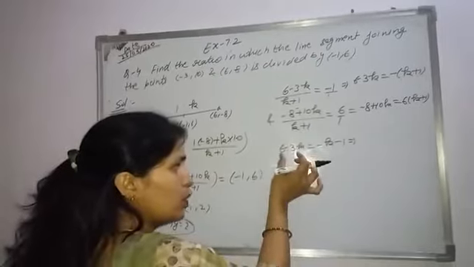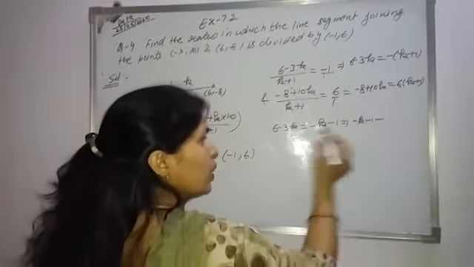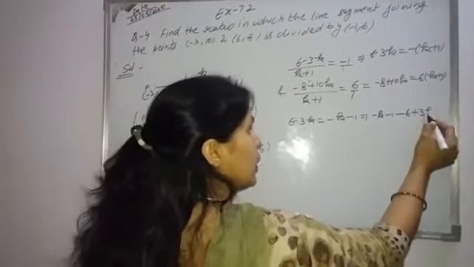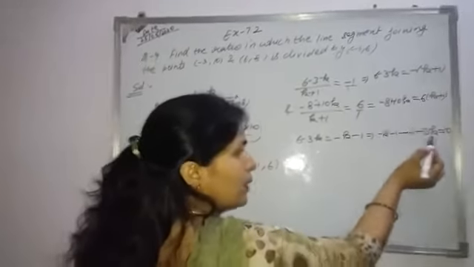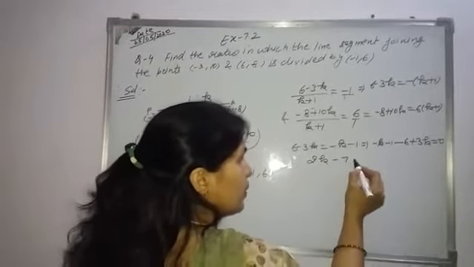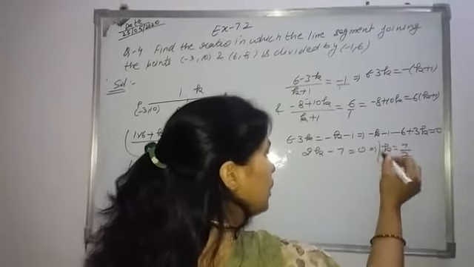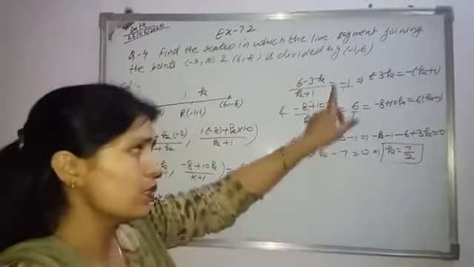Take these two terms to this side, then we obtain -k - 1 - 6 + 3k is equal to 0. -k + 3k is 2k, minus 7 is equal to 0, and k is equal to 7 divided by 2. This value we obtain from the first equation.